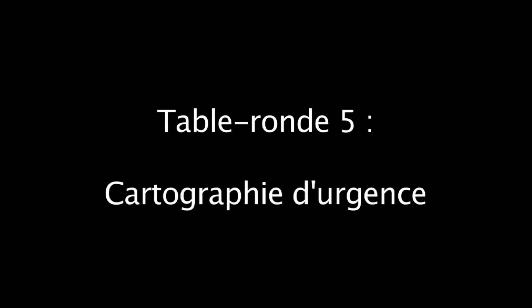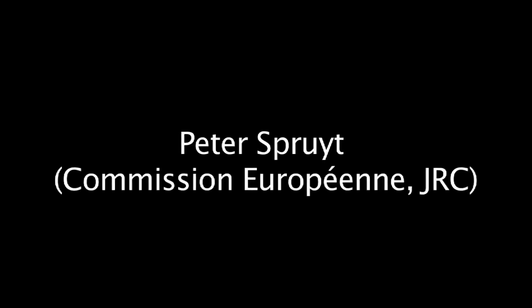So the rush products are on demand, they are standardized, and they are delivered in hours, days. So we talk about reference maps, so before the disaster, and we talk about disaster maps after the event, and this is mostly or primarily delineation and grading maps.